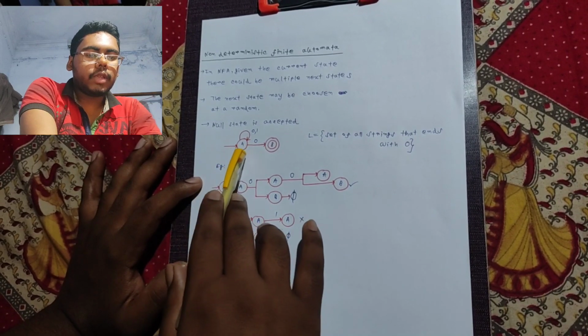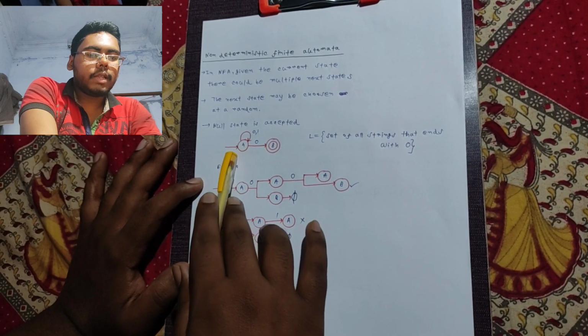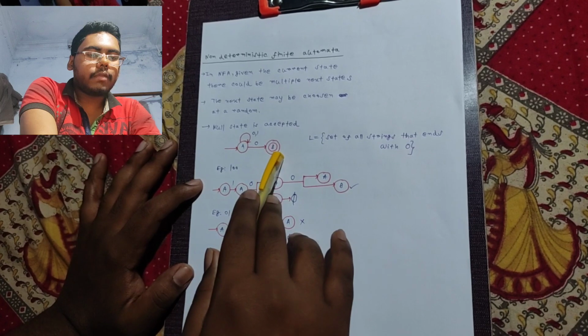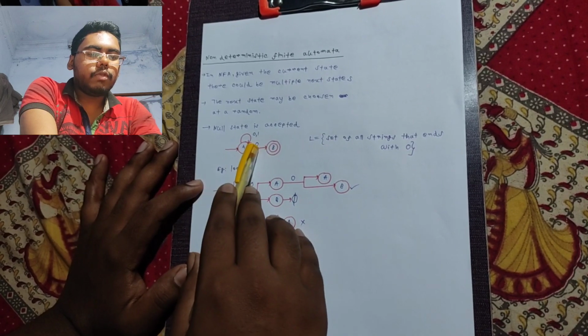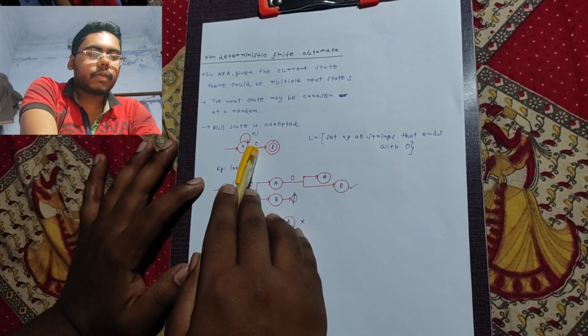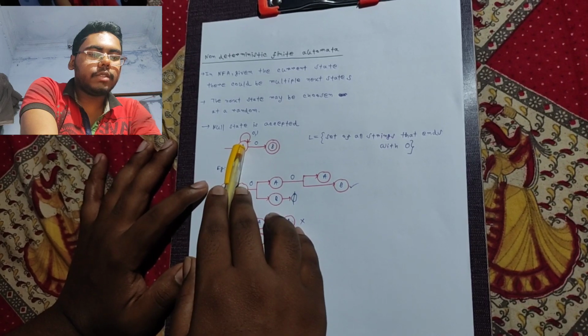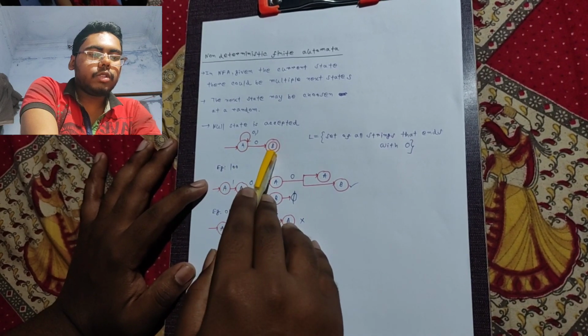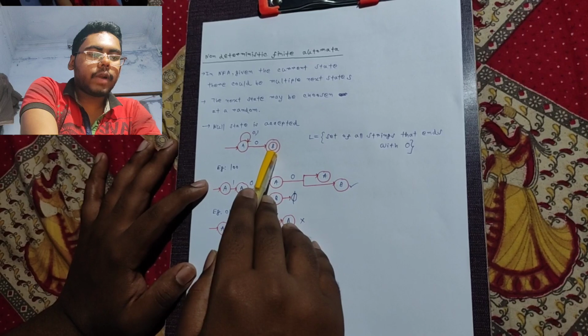Here we have taken an example. The initial state is A and the final state is B. If we give 0 to A, it goes to B, which is our final state.